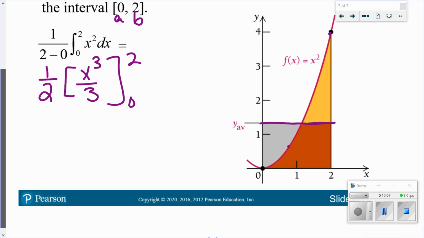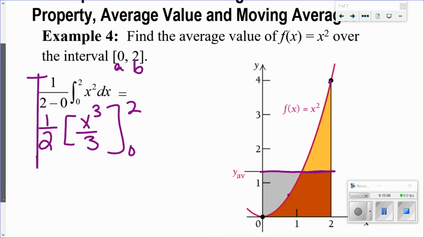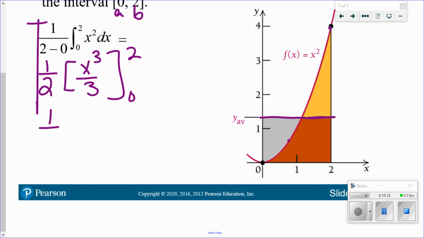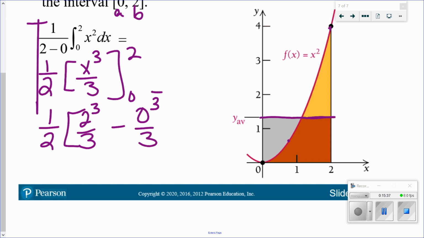Now again, I'm doing it by hand. You would probably do this in the calculator, but I'm going to evaluate this inside part first. I want to get the total area first, and then I want to divide that number by 2. In this case, it's going to be 2 fractions, so I just multiply fractions straight across. I plug in 2, so 2 cubed over 3 minus 0 cubed over 3.